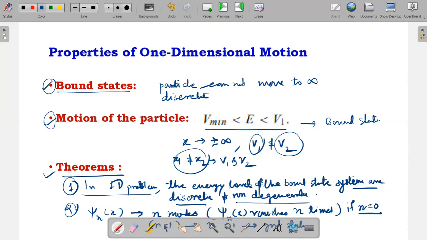Theorem 2: the wave function psi n of x of a one-dimensional bound state system has n modes, so psi n of x vanishes n times, and if n equals 0 it corresponds to the ground state. These are the properties of one-dimensional motion in the Schrödinger equation.